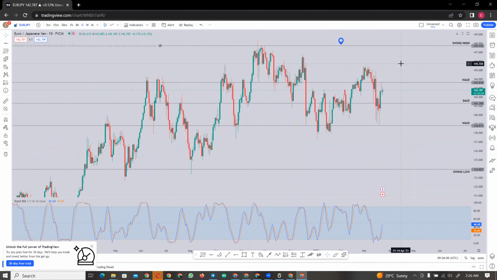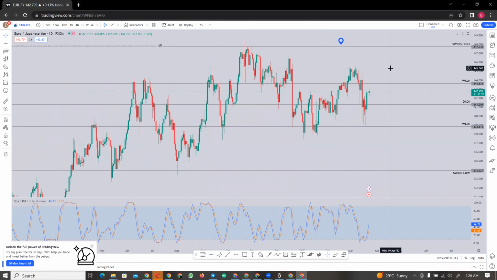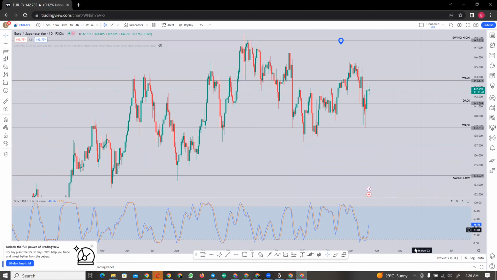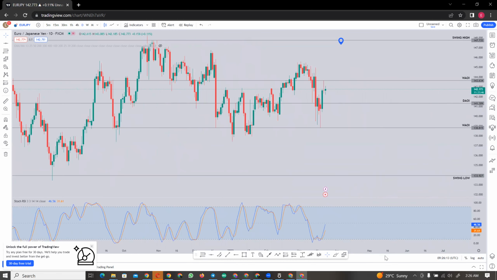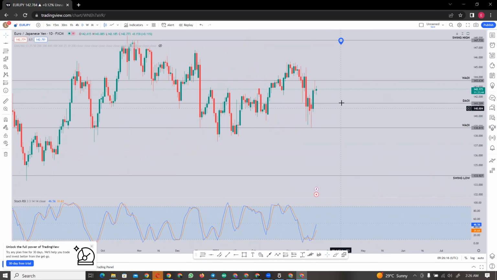You don't need to put a lot of lines on your chart. All these ones are okay. So if you want to trade, for example, today we will be trading within this zone, this 1, 2. It's either market comes up here again, we take a sell, if market comes up there.